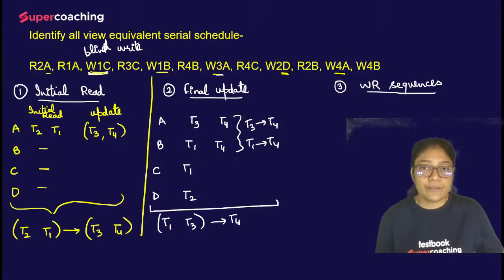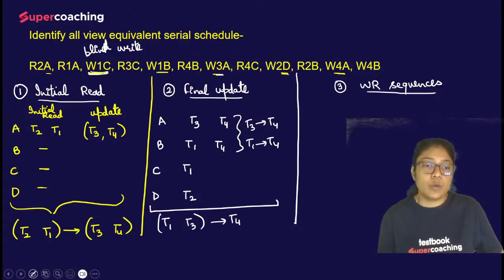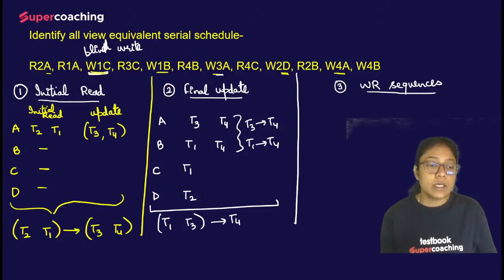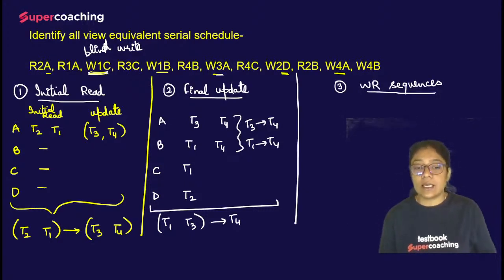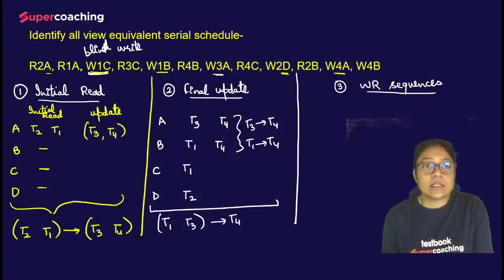Make sense? Third step, check for the WR sequences. Yeah, the clear one. So what I'm doing is I'm finding out all the possibilities, I'm finding out all the dependencies, and on the basis of that, we will be returning the equivalent serial schedule. WR sequences. A write operation is performed here.